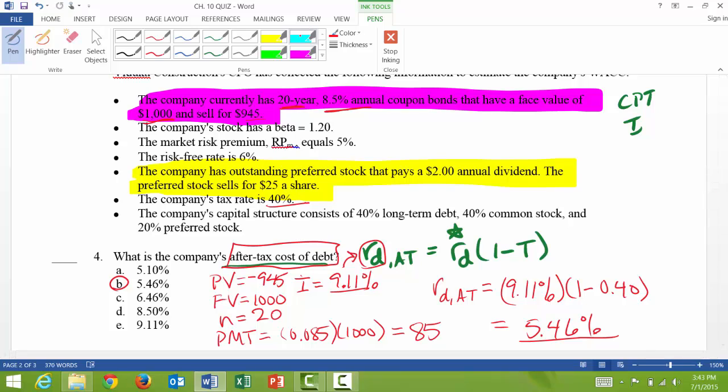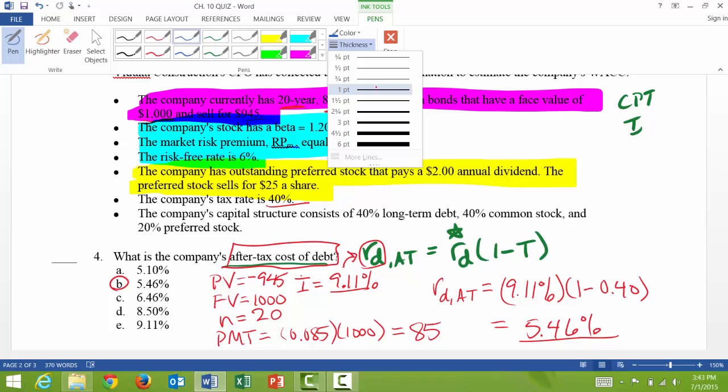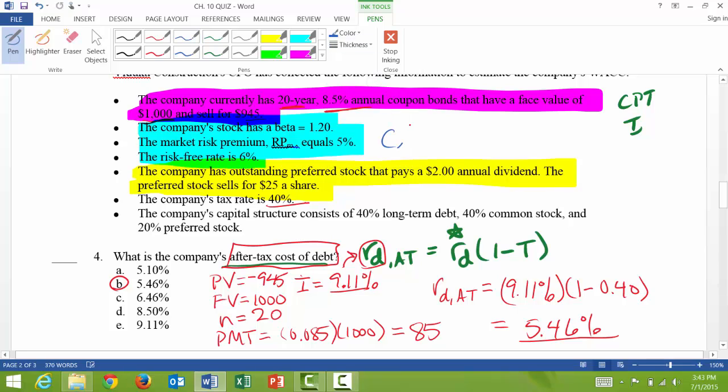So it looks like for that they gave me beta, the market risk premium, and the risk-free rate. So I'm going to use the CAPM approach because of this. And so beta is 1.2, market risk premium is 5, and the risk-free rate is 6.